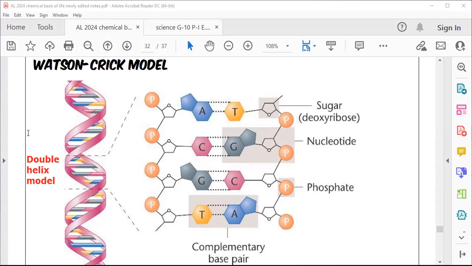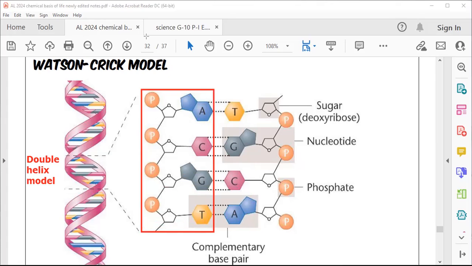Have you marked it? Done, sir. Right. In a DNA molecule, there will be two polynucleotide chains. I am now taking this polynucleotide chain, and on the other side, there is another polynucleotide chain.